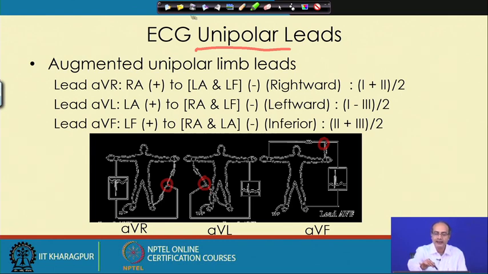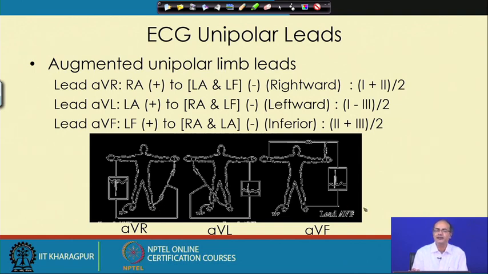With that we can again have three configurations. One is lead AVR, that means in this case the right arm is where the unipolar lead is connected, and the reference is in between the potentials of the left arm and the left leg.